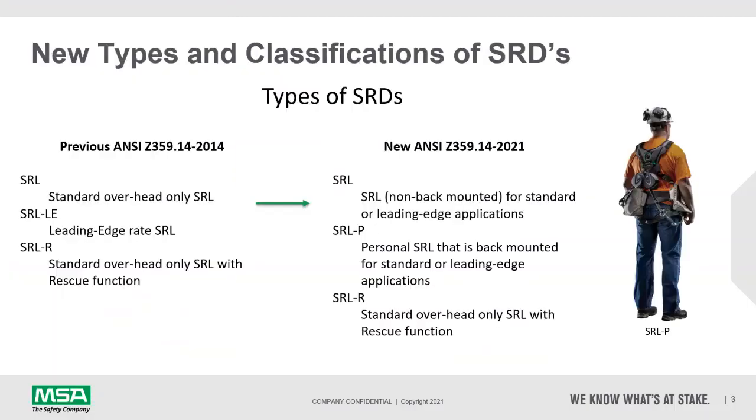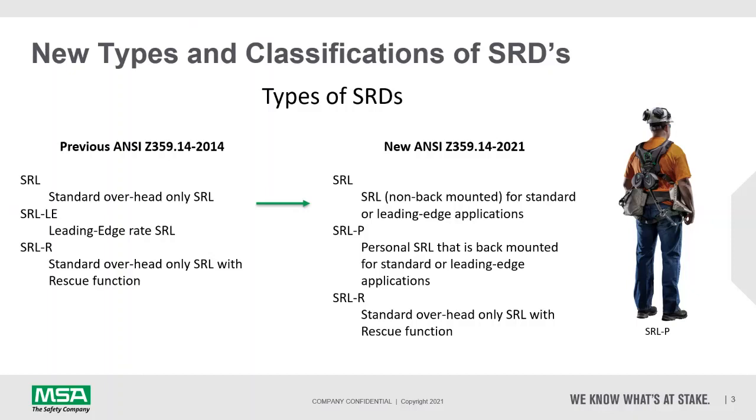So getting right into it, one of the first key differences in the new ANSI Z359.14 standard for self-retracting devices is about the various types of SRDs. Previously, in the last standard revision in 2014, people were very familiar with a type SRL, a type SRL-LE, or a type SRL-R.